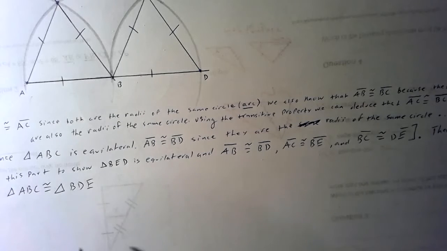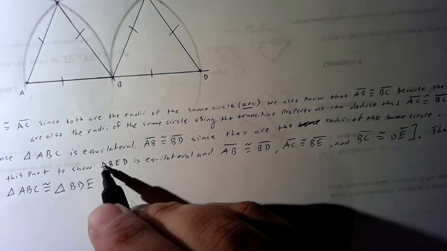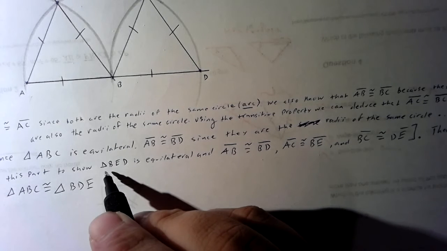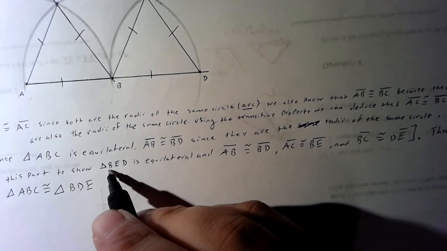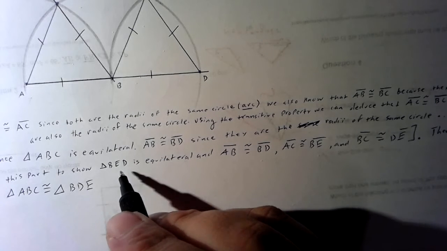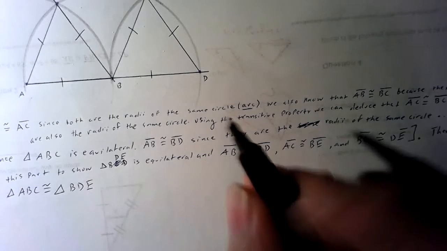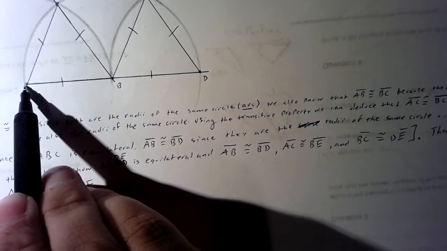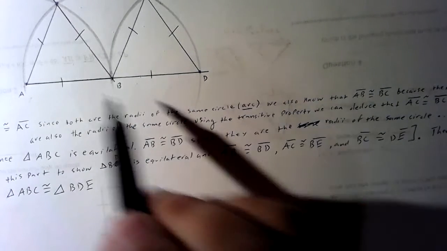and I should be naming these in the appropriate order. When I put here triangle bed, I think it's because it's already 12:30 and I feel like I need to go to sleep. So I'm subconsciously thinking of bed, but let's write it like this: BDE. Right? We're going in the same order like this, right? We're starting A, B, C. So then B, D, E. So it's got to be in the same.